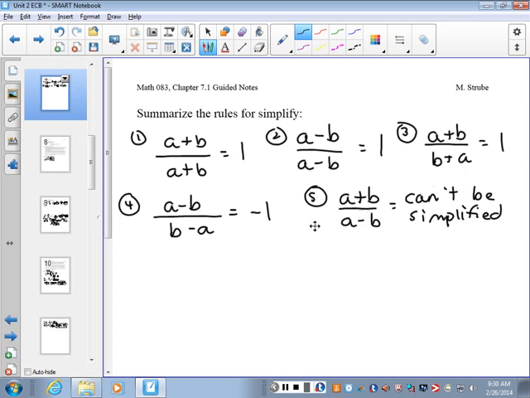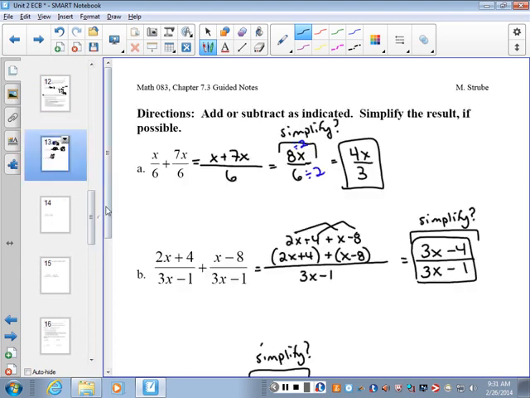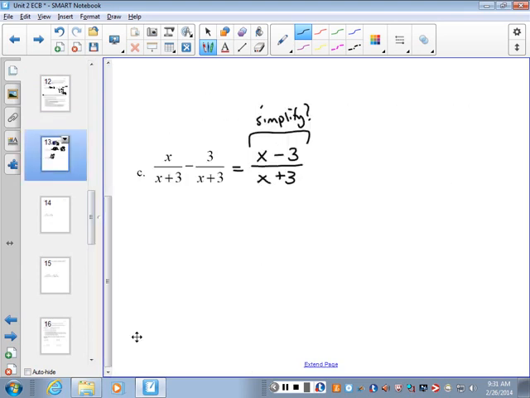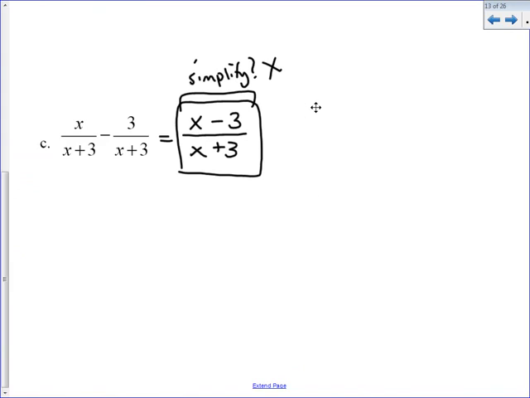And that's why this example's on here. People are going to try. But simplify this one, you actually can't, so that's your final answer. So when you go to simplify, you got to have the same signs, both addition or both subtraction. Order doesn't necessarily matter, but you got to start with the same sign.